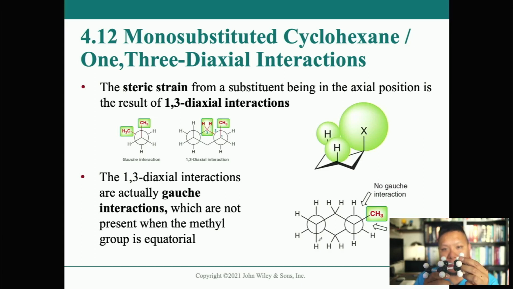Those hydrogens and the methyl group are no longer in gauche interaction, and there's a lot less steric strain. That explains why a methyl on a cyclohexane is much more stable in the equatorial position than in the axial position, because of the diaxial interaction between the two hydrogens and the methyl group. And that X can be a methyl group, it could be anything.